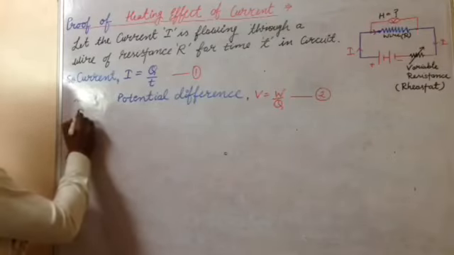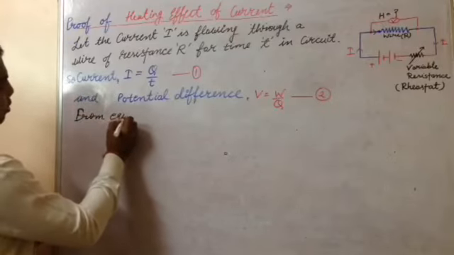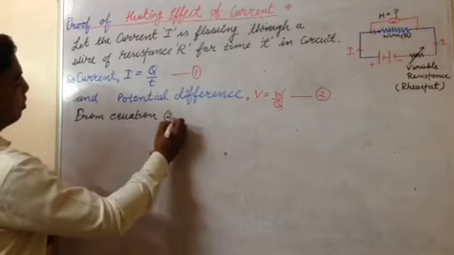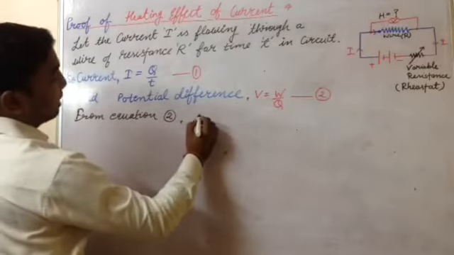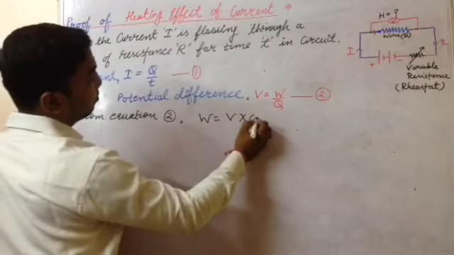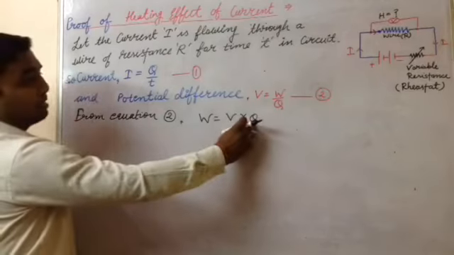From equation 2, this equation can be written as W equal to V into Q. May I write this?